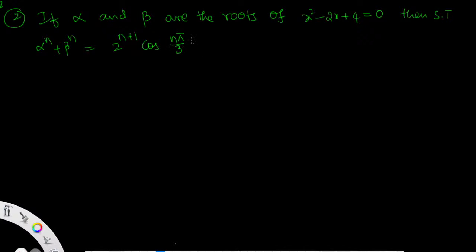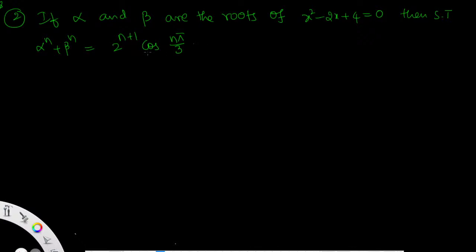All those are similar method. Just given that alpha and beta, why? Because it is a quadratic equation. A quadratic equation means you have to get two roots. Let them be named alpha and beta. Then show that the root alpha raised to n, plus beta as the second root raised to n, equals 2 power n plus 1 into cos n pi by 3.